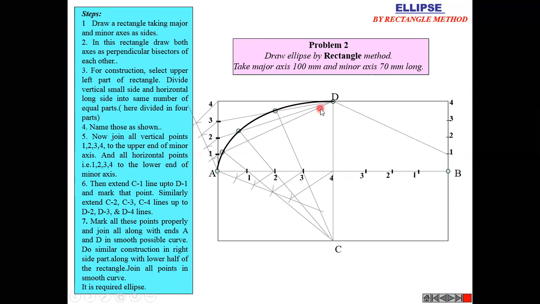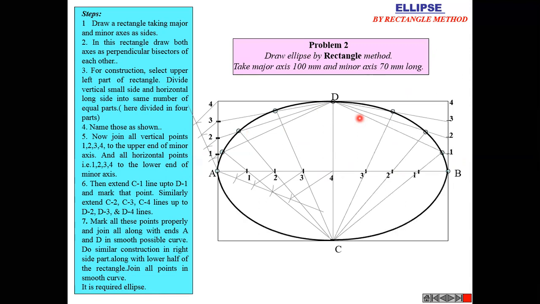Then join 1 to D, 2 to D, 3 to D, and 1C up to the line through 1, 2C up to the line through 2, 3C up to the line through 3. Then we get all 4 points. Pass a curve through them and we get a half portion of the ellipse. Similarly, we can get the remaining half portion of the curve. In this way, the construction of the ellipse by the rectangular method is done.